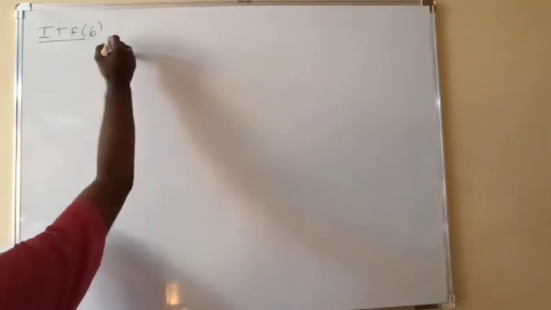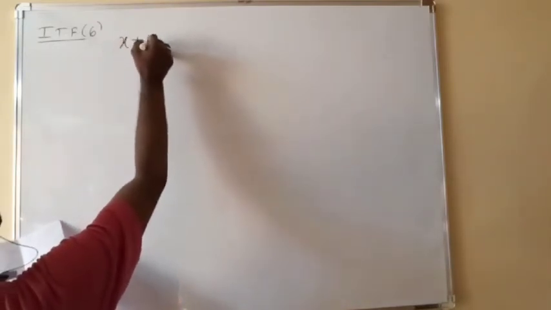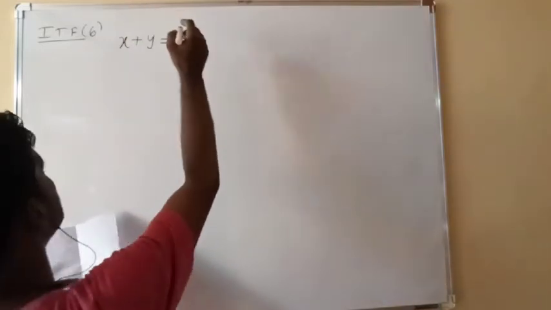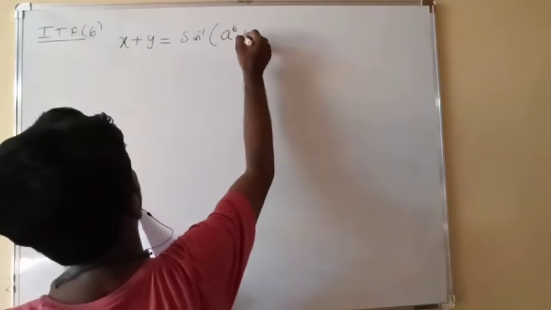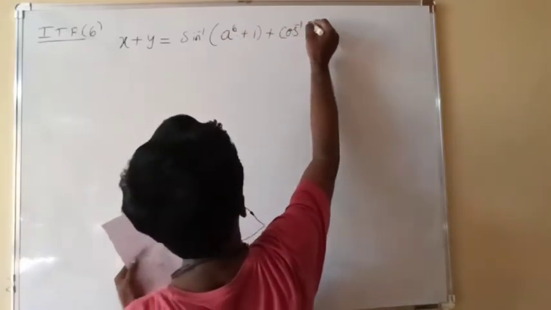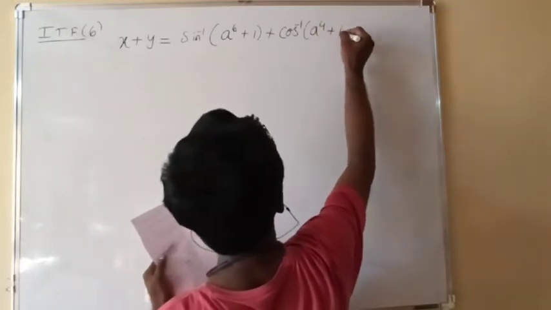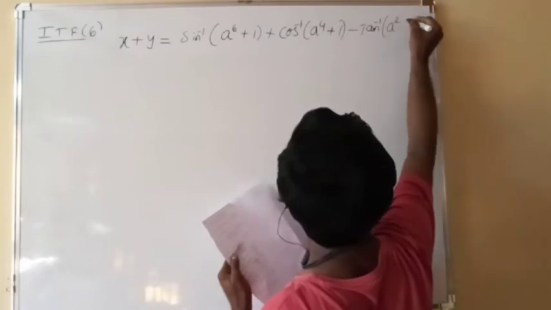Okay. Next one, a more tricky problem. Just like this model only. The image of the straight line x plus y is equal to sine inverse of (a power 6 plus 1) plus cos inverse of (a power 4 plus 1) minus tan inverse of (a square plus 1).